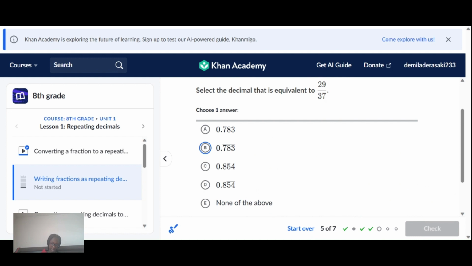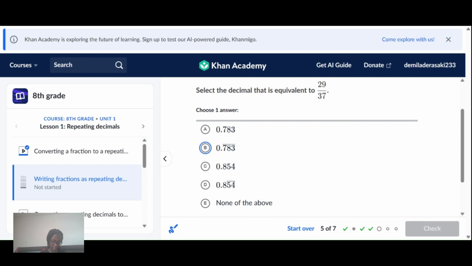So I think the closest is 8. So 37 times 8 is 296, which makes it 14. Then you add another 0 and then you start from less. 37 times 4 will be 148.